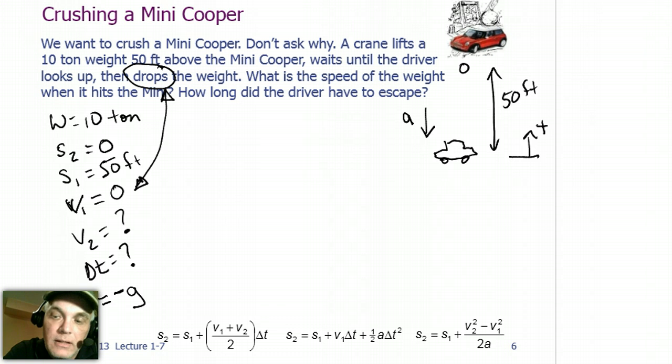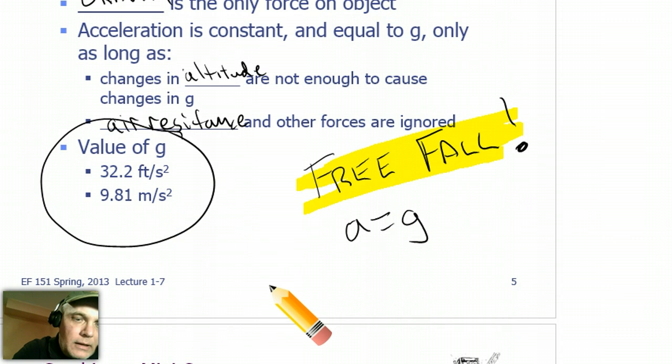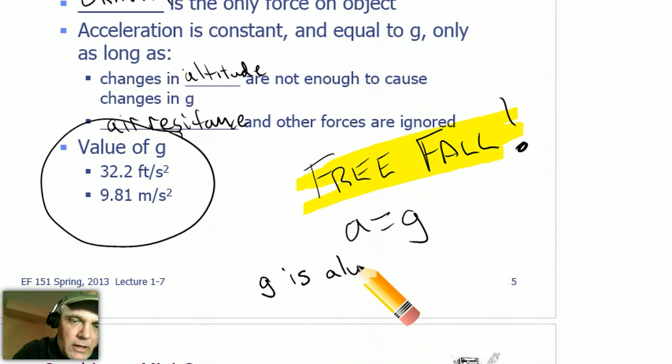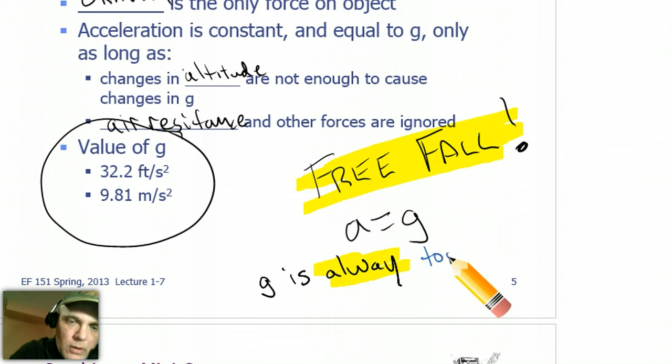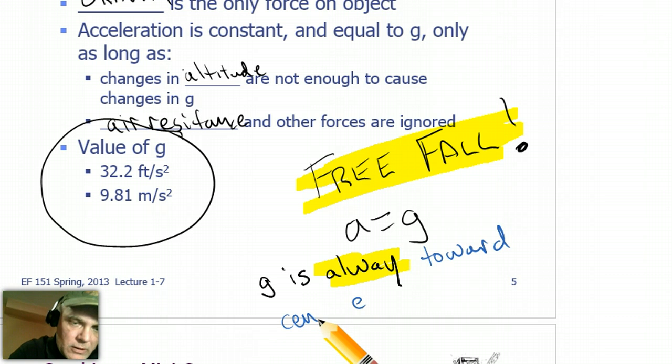Since we've chosen positive as up, g is always towards the center of the earth. So I'm going to scroll back up and write that on this slide: g is always toward the center of the earth.